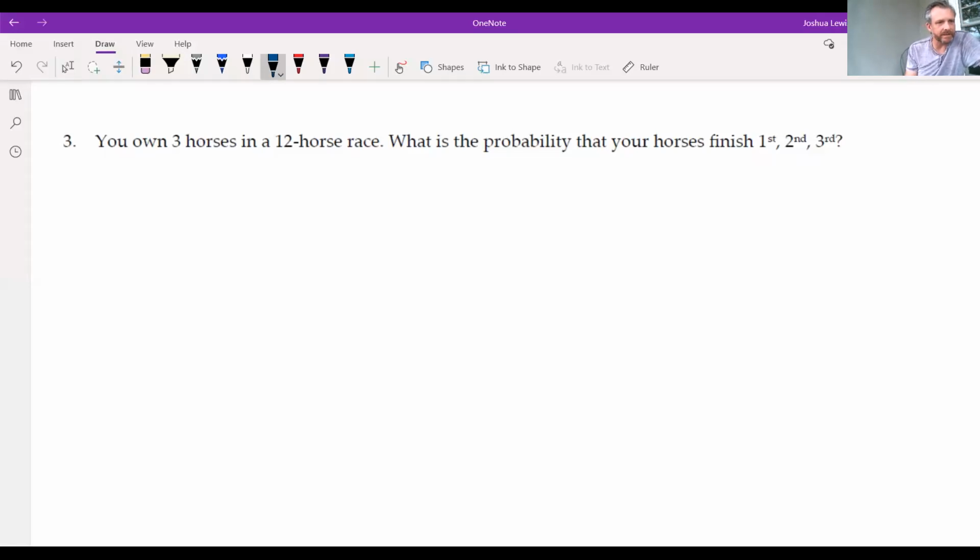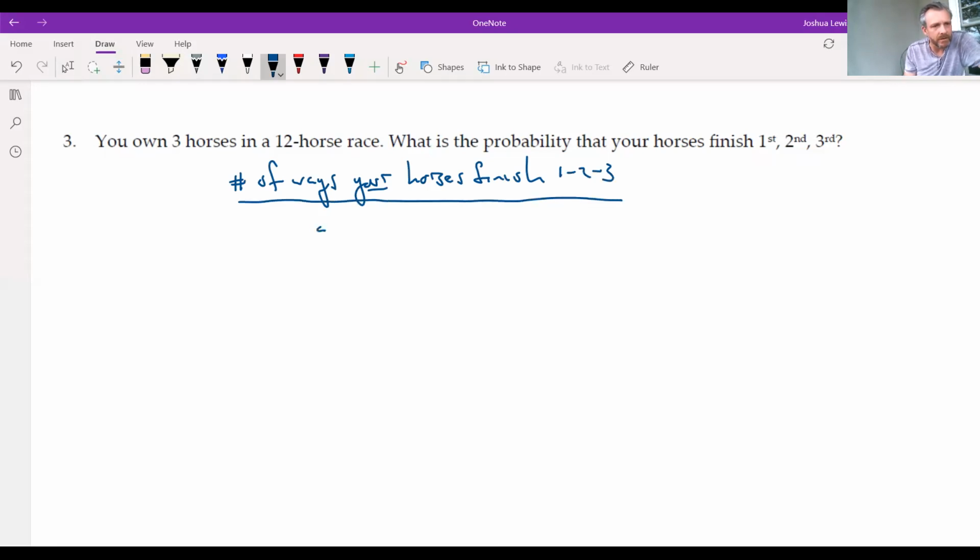Remember, we're counting, so the number of ways your horses can finish first, second, third, divided by all possible first, second, third finishes. So that's the probability that your horses go 1, 2, 3.